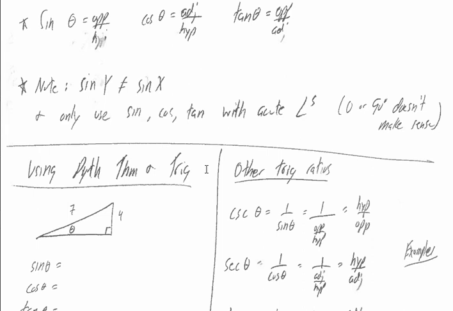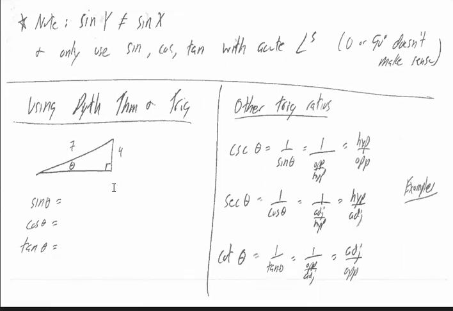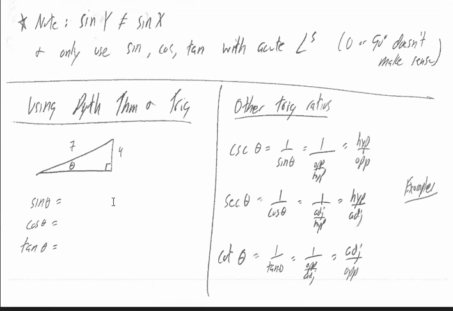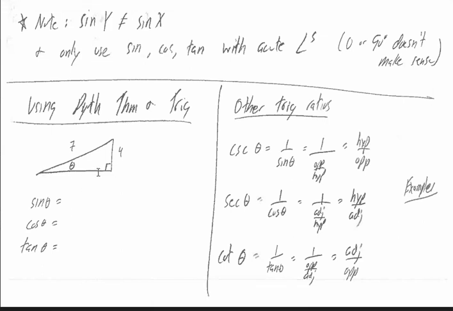Anyway, we can use the Pythagorean theorem and trigonometry to label some different things. For instance, if we want to find the sine of this angle theta, no big deal. Opposite over hypotenuse, so 4/7. However, if we want to find the cosine, we're out of luck, at least temporarily, because we're not given what this length is down here.